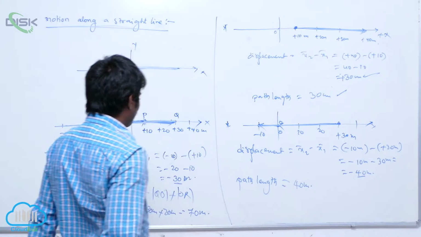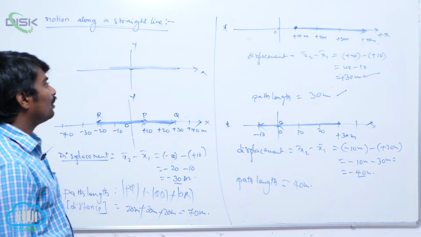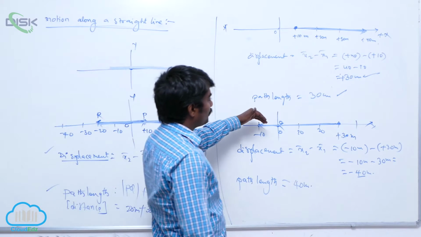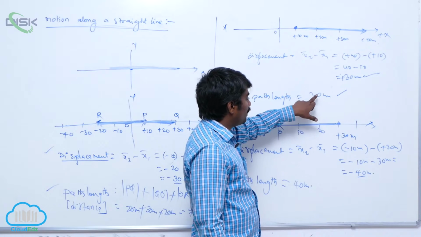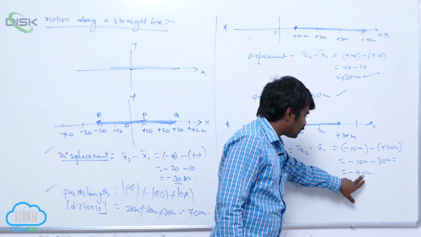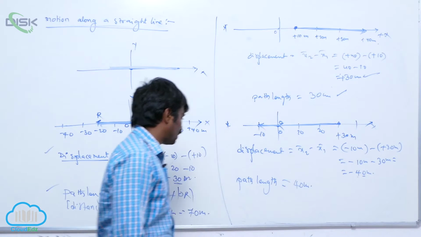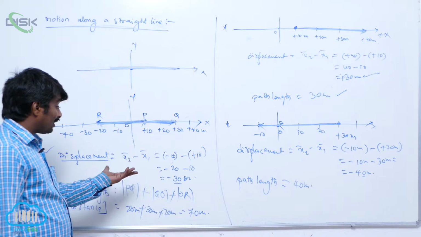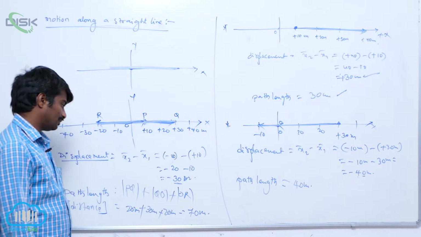If you observe these three examples, here in this case, magnitude of displacement and path length are same. Magnitude of displacement and path length magnitude is same, but here path length magnitude is greater than magnitude of the displacement.